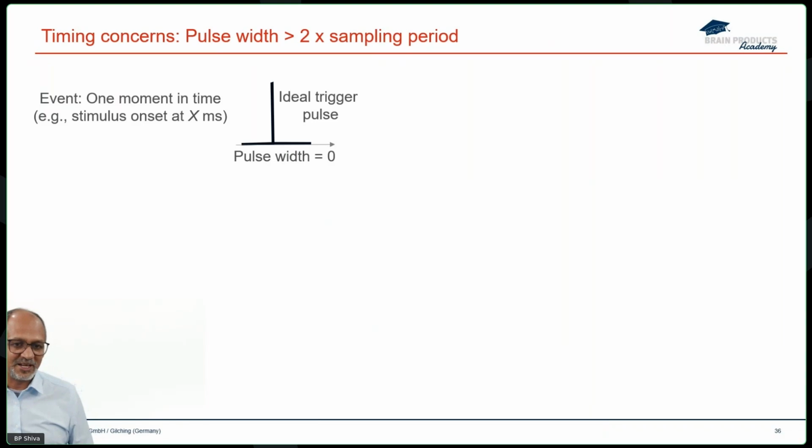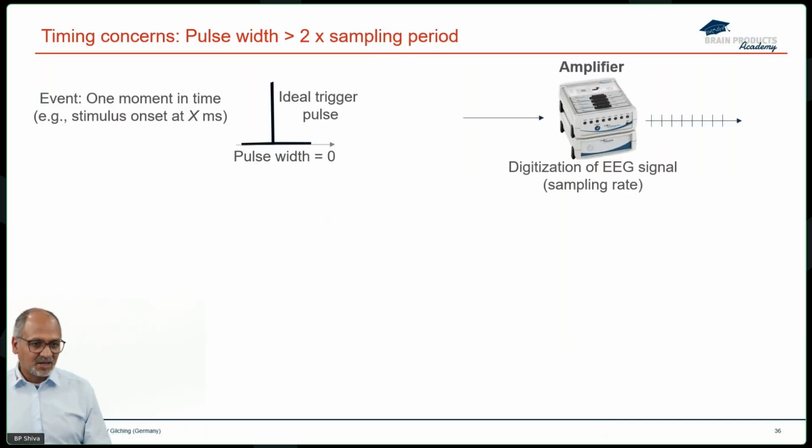Just to give you one example, an event is one moment in time, right? Ideally, it should be one instantaneous pulse. However, the amplifier is performing a digitization of the EEG signal, which means it's converting a continuous signal into discrete samples.